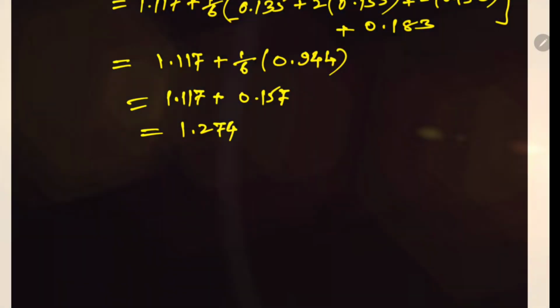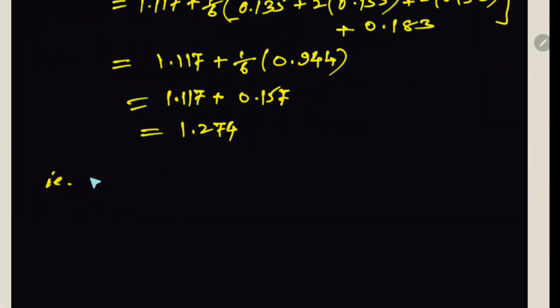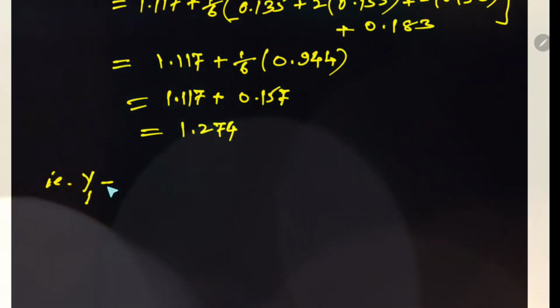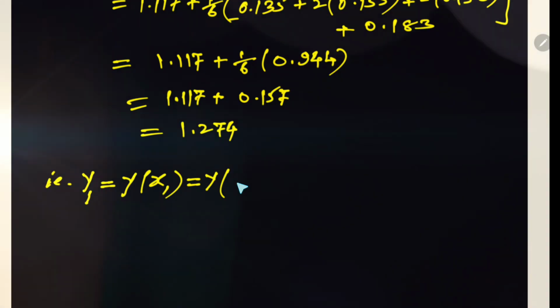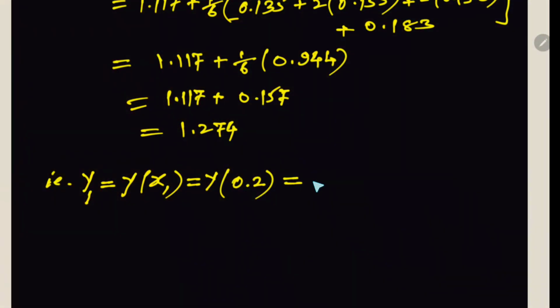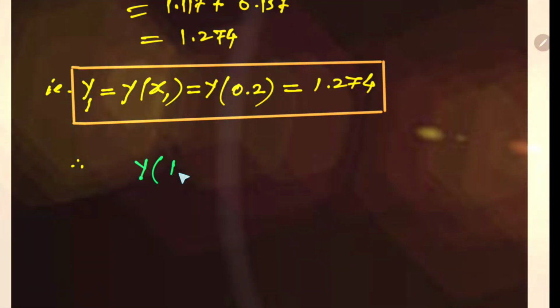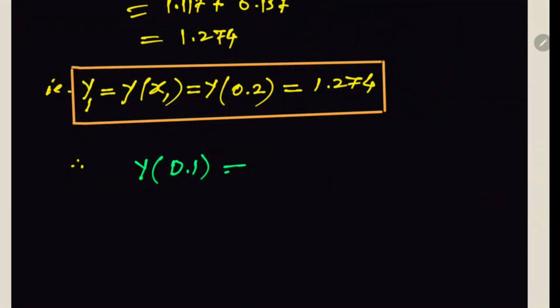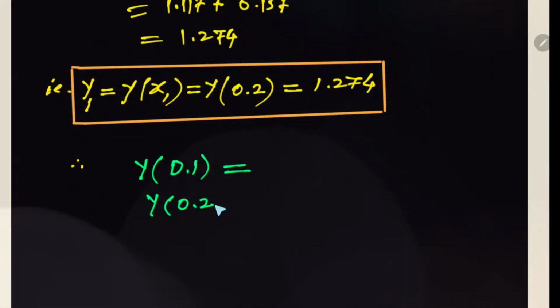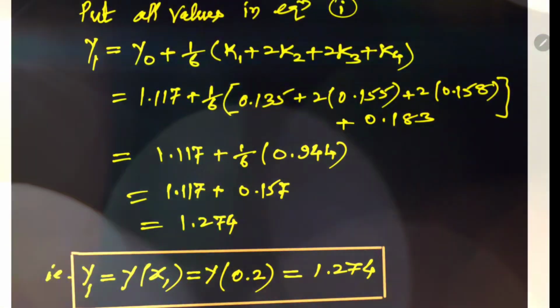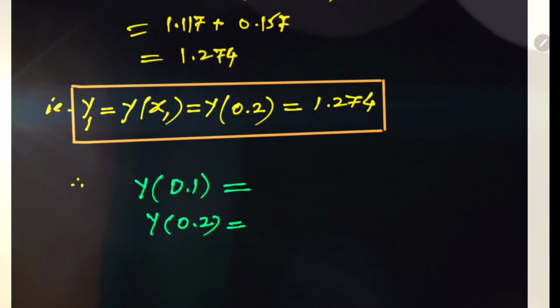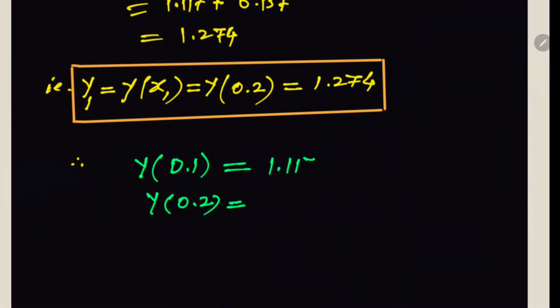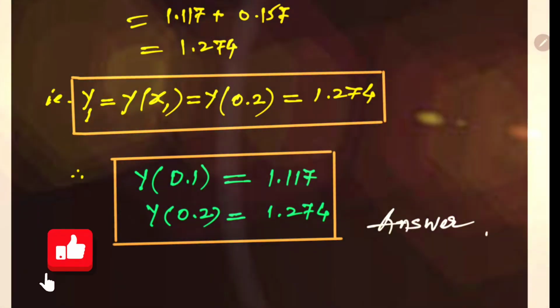This is the another value of y1, means y at x1. y1 means y at x1, and what is the new x1? It is 0.2. Therefore, y at 0.2 we get as 1.274, and therefore we have two values. First one y at 0.1 as 1.117 and y at 0.2 as 1.274. Therefore, these are the required values obtained by Runge Kutta fourth order.